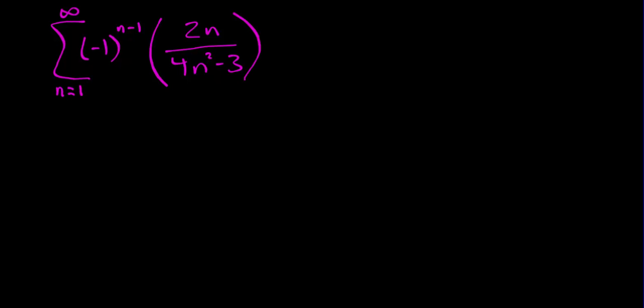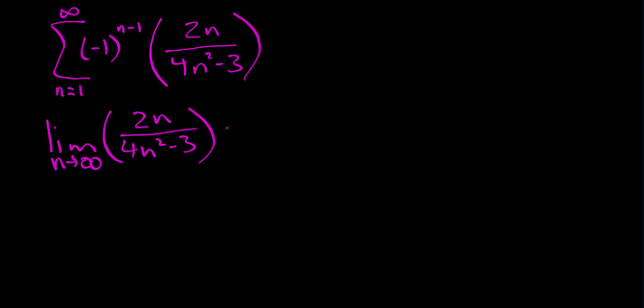Now, first thing I want to do is I want to make sure it passes this test. This limit has to be 0. And yeah, the bottom power is bigger than the top. And so as n goes to infinity, yeah, that's 0. So check, that's done. But we also want to determine, are the terms getting smaller and smaller and smaller?